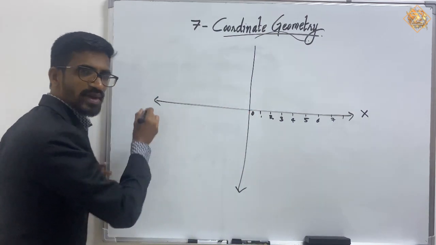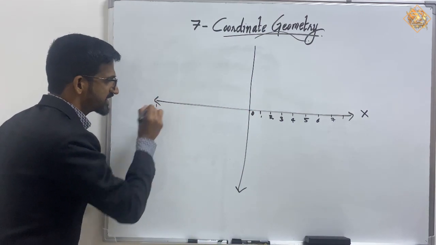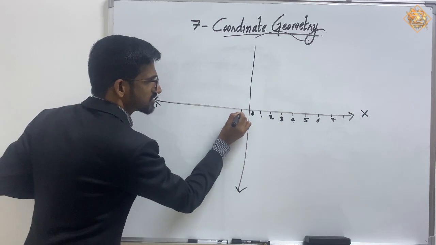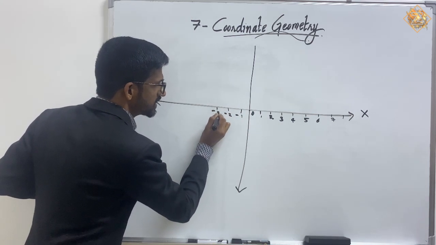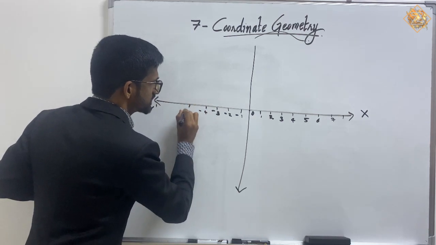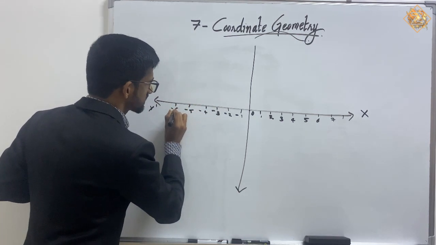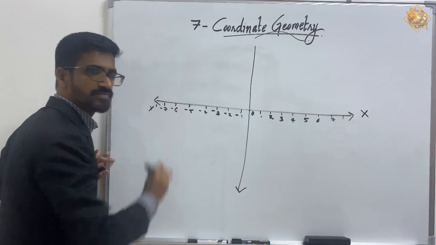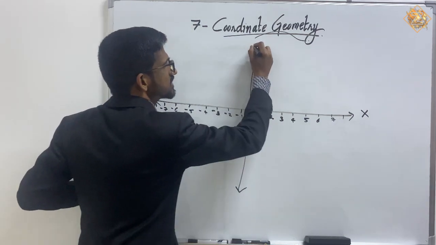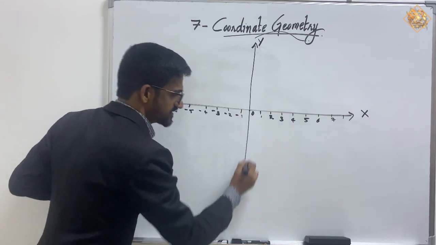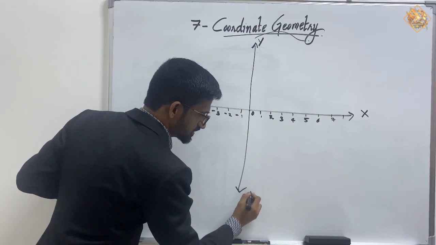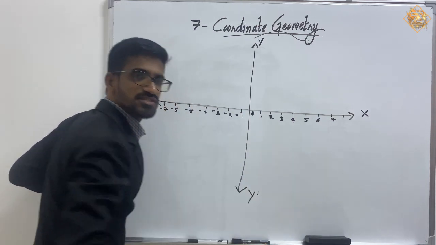And this is the negative x-axis, which we denote by x dash, that is 0, then -1, -2, -3, -4, -5, -6 and so on. On the y-axis, this is the positive y-axis denoted by y and this is the negative y-axis denoted by y dash.